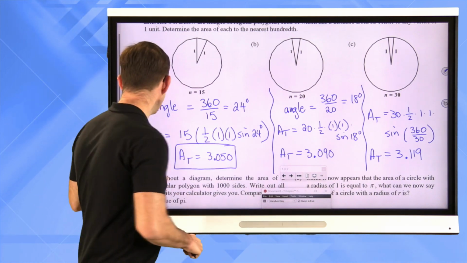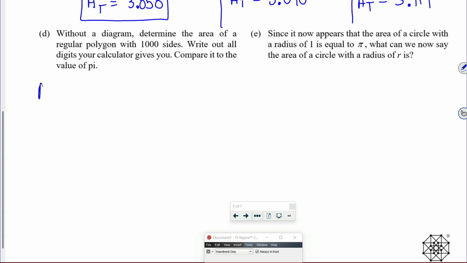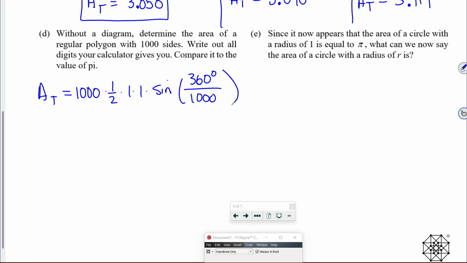All right, let's do it. So this is kind of cool because you could take this as high up as you want, right? This area total is going to be 1,000 times 1/2 times 1 times 1 times the sine of 360 degrees divided by 1,000. All right, those are very small angles at that point, which makes sense.